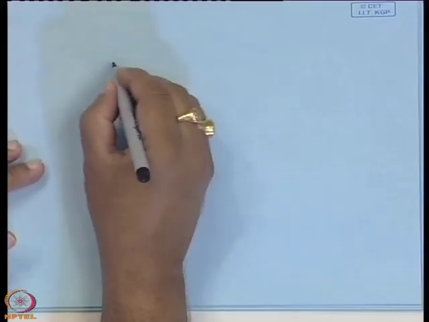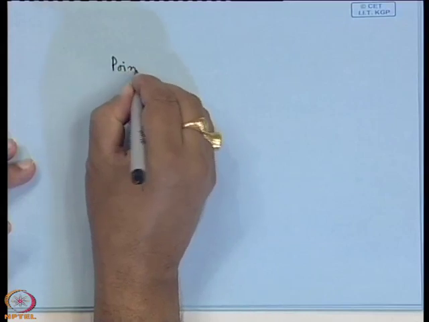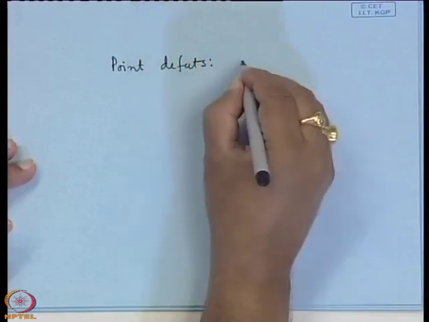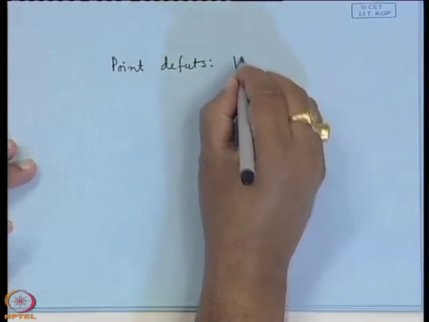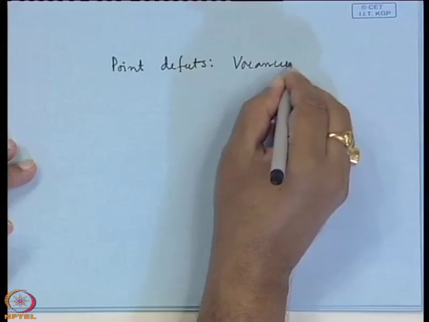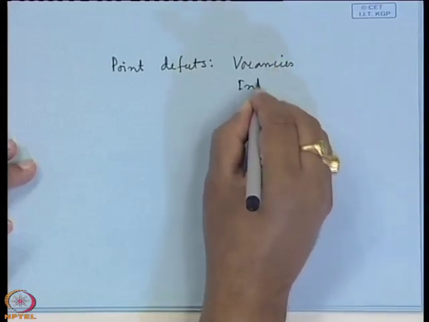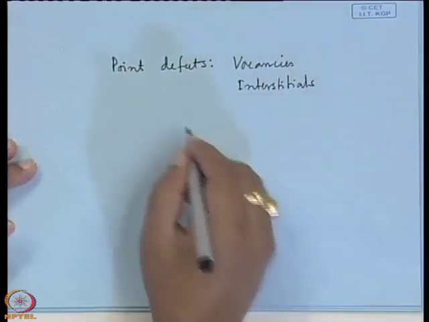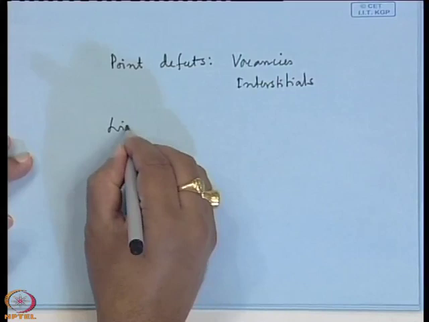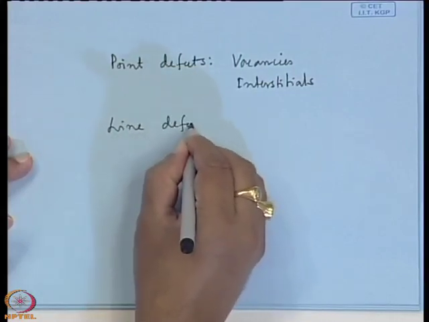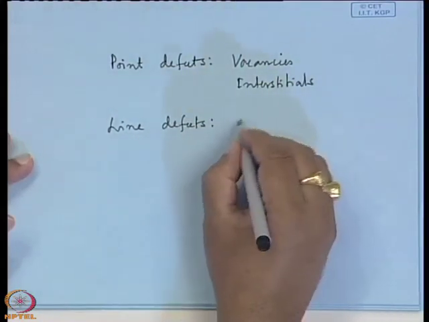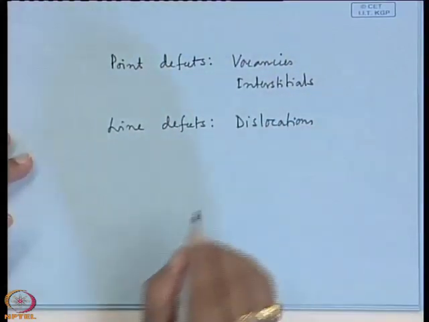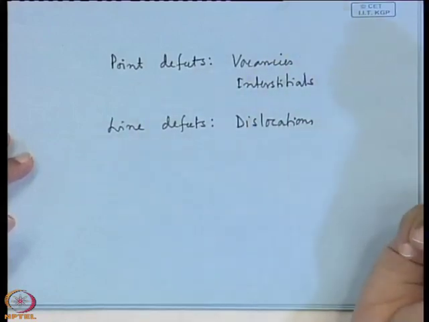So, we find that so far as point defects are concerned, what are the defects? Vacancies, interstitials, Schottky defect, etc. Then there are line defects. These line defects are basically dislocations. It can be edge dislocation, it can be screw dislocation.